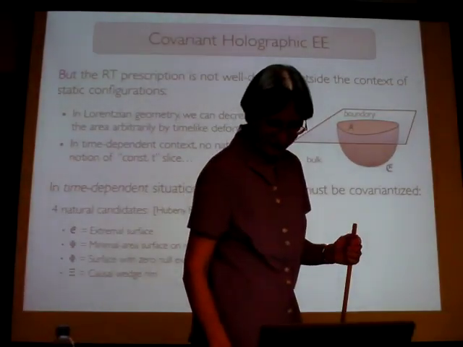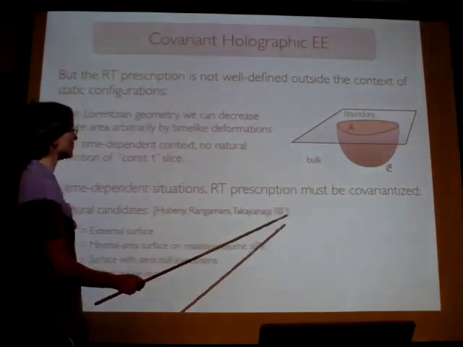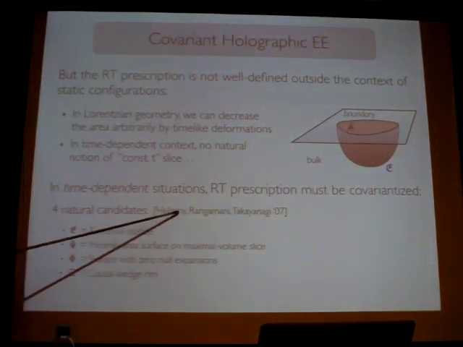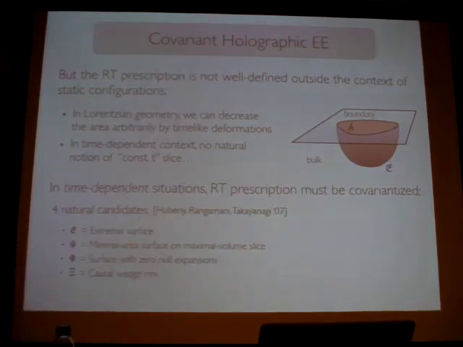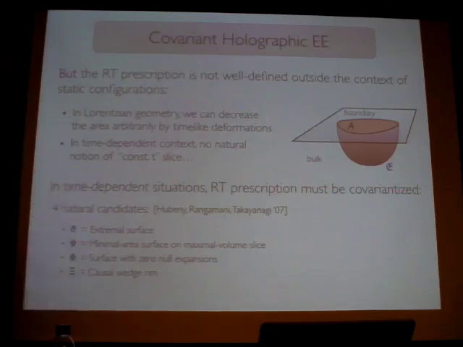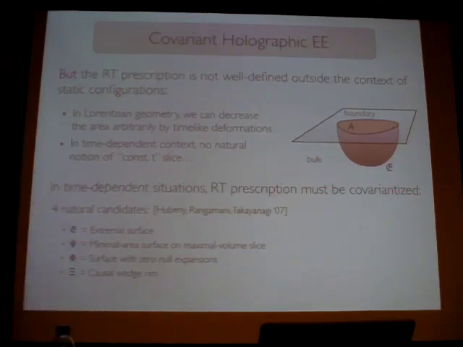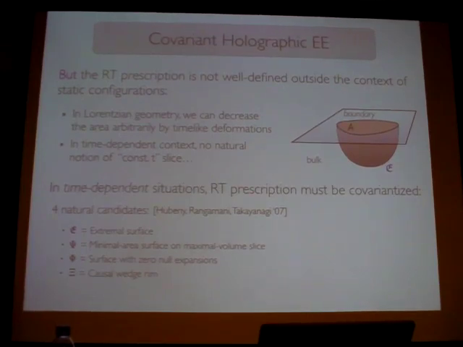Now, very soon after the proposal, we tackled this problem, and we initially thought of various possible natural generalizations. The most obvious one would be to promote a minimal surface to an extremal surface, one where you're extremizing the area rather than minimizing it, which you can think of as a higher dimensional version of a geodesic.